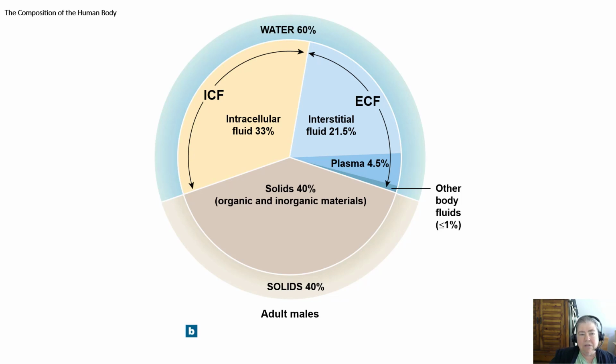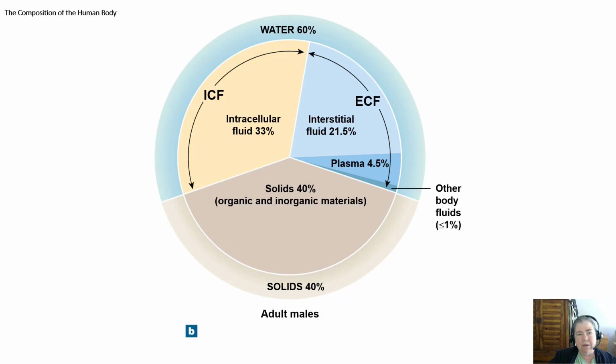The intracellular fluid is all the fluid that exists within cells. But the extracellular fluid compartment is divided into fluid that we call interstitial, that is between the cells, and fluid that we would probably call intravascular, here defined as plasma and other body fluids, including lymph.